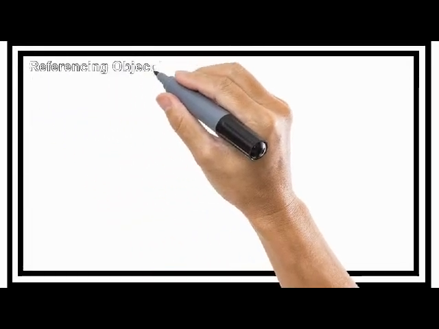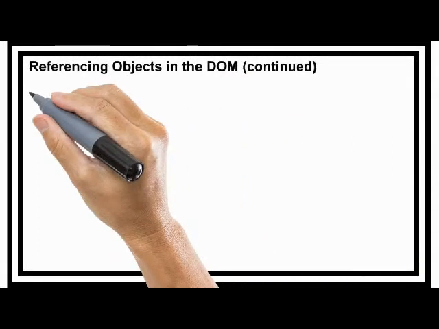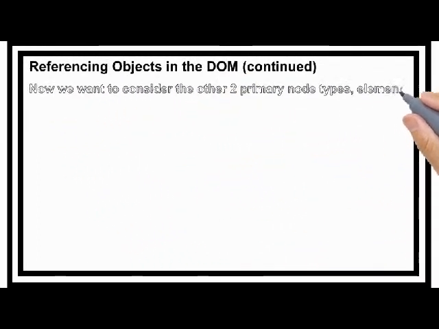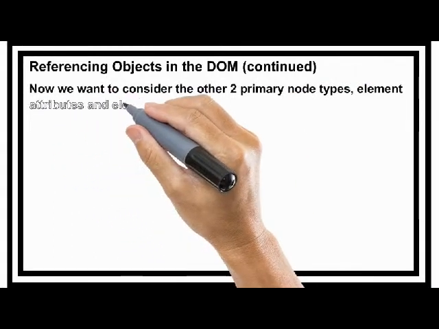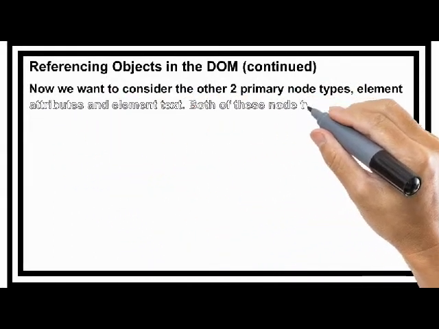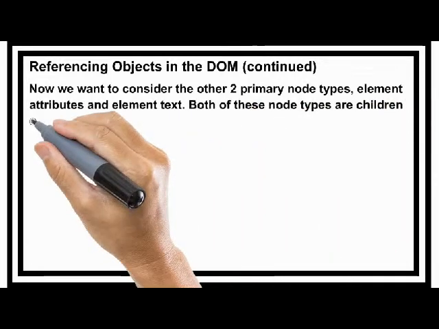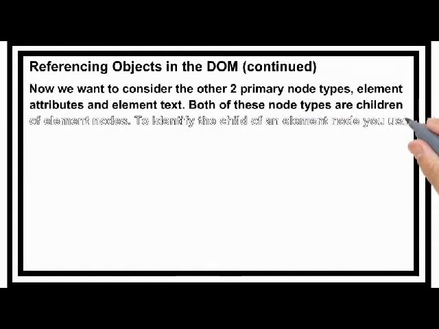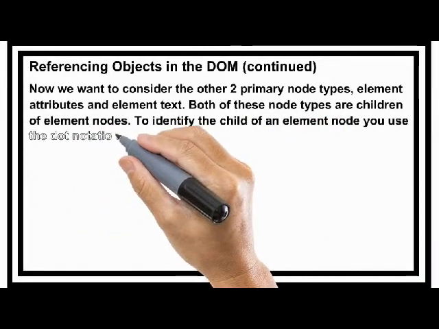Referencing objects in the DOM continued. Now we want to consider the other two primary node types, element attributes and element text. Both of these node types are children of element nodes. To identify the child of an element node, you use the dot notation parent.child.